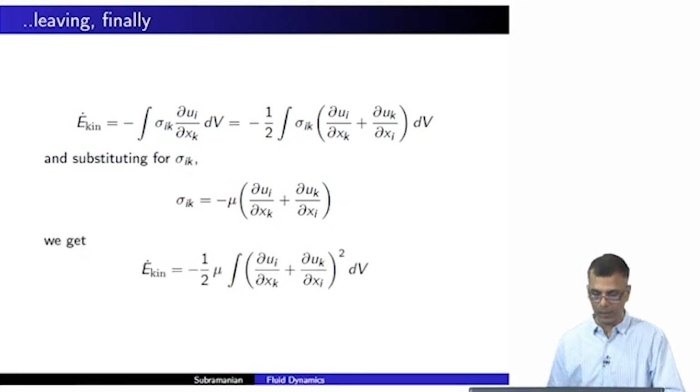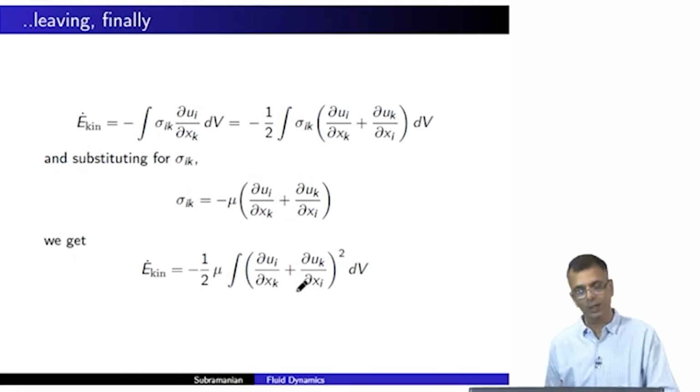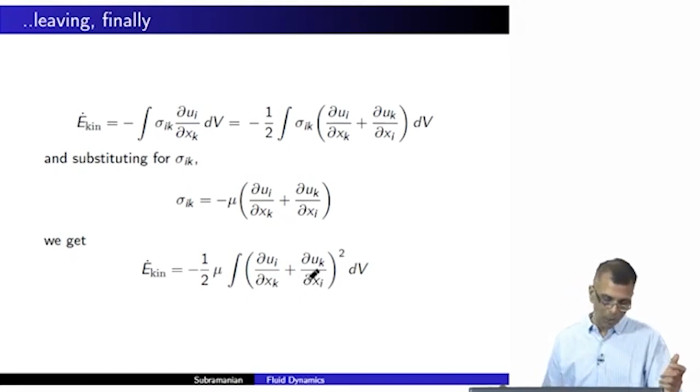So this quantity gets squared, because inside the sigma ik I have this bracket thing that appears again here, so it gets squared. And this is my final result.